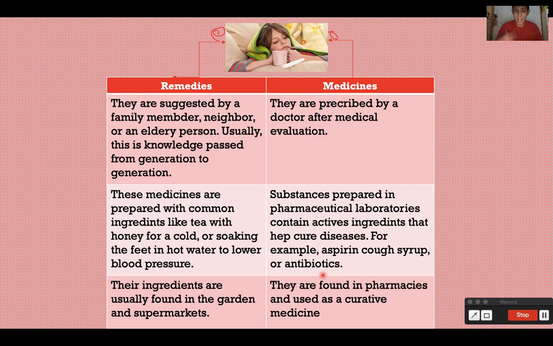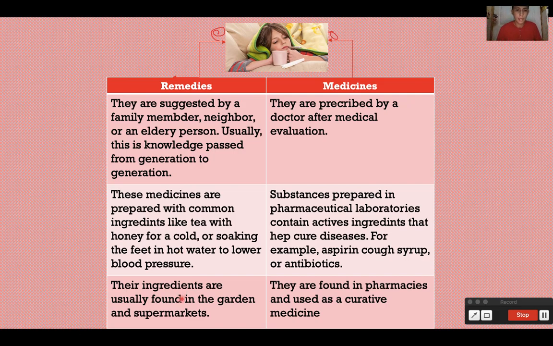Okay, a medicine is prepared in a pharmaceutical laboratory by people who studied for that, okay, doctors, who make them with guidelines. For example, we have aspirin, or Panadol, or antibiotics, or Alka-Seltzer. All that are medicines, but a remedy is el té de manzanilla, té de canela, or something like that, right?